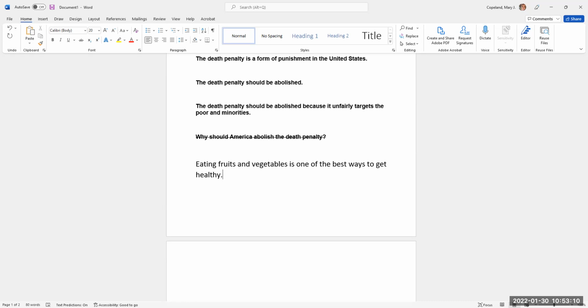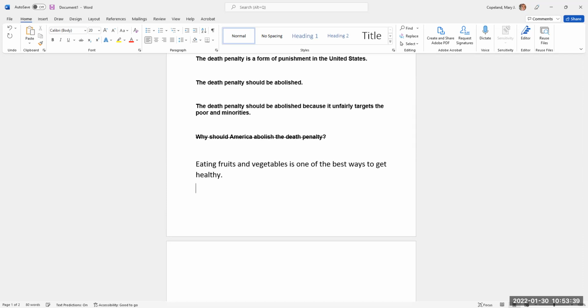I would say that is somewhat arguable. A lot of people might say, well, no, exercise is a better way to get healthy. But still, this is conventional wisdom. Most reasonable people know having a healthy diet, eating fruits and vegetables is a really great way to get healthy. So you don't want to have that kind of thesis statement either.